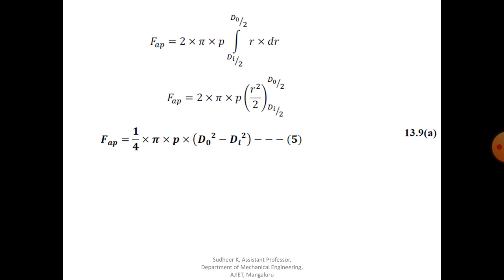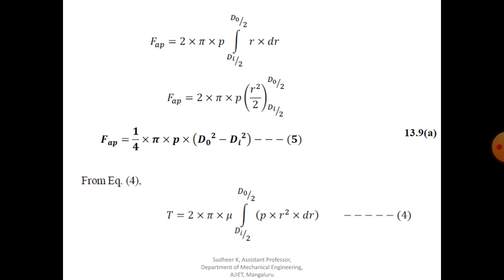I will consider this as expression number 5. You can find this expression as equation 13.9a in the data book. This expression can be used for a single plate clutch to find the axial force by considering uniform pressure theory.